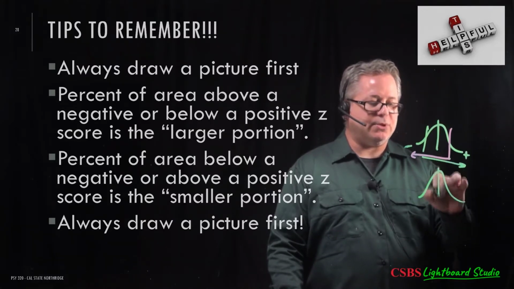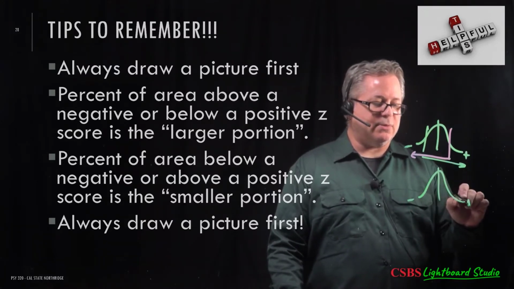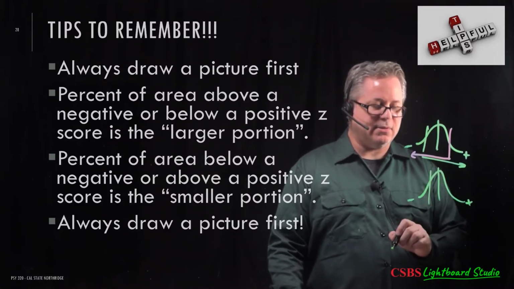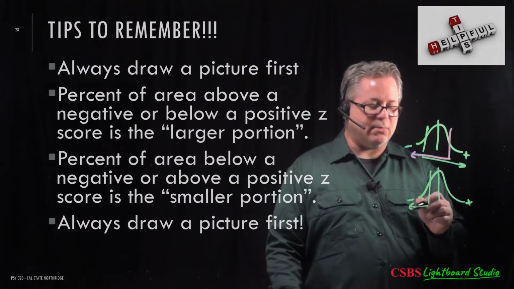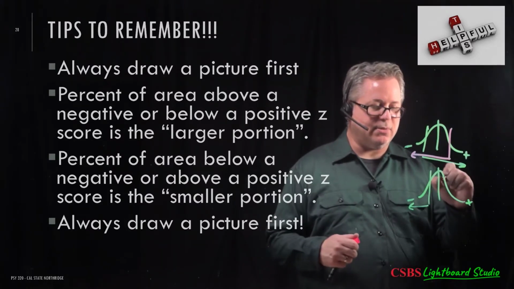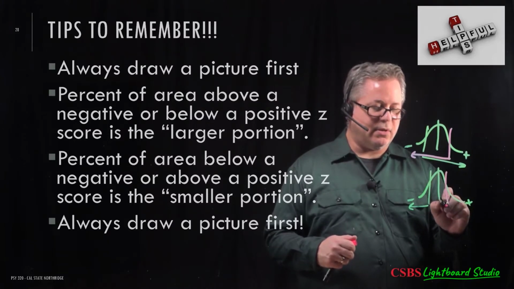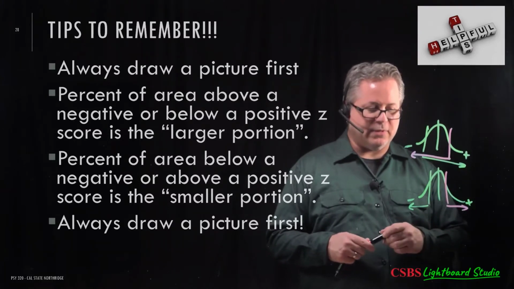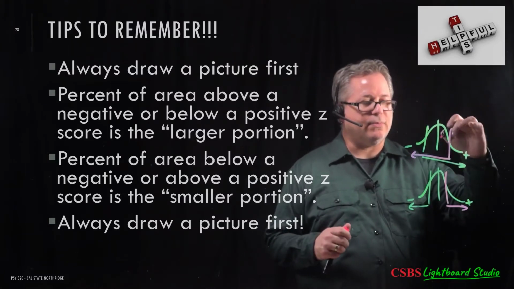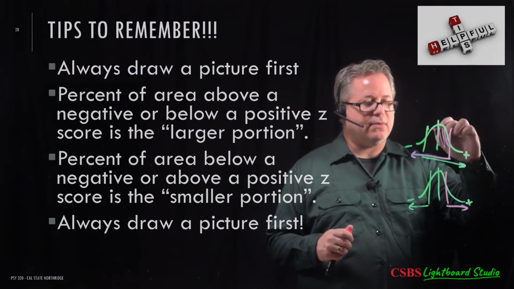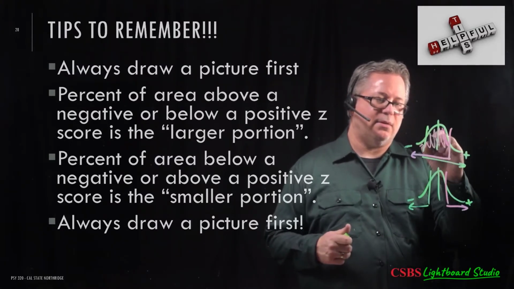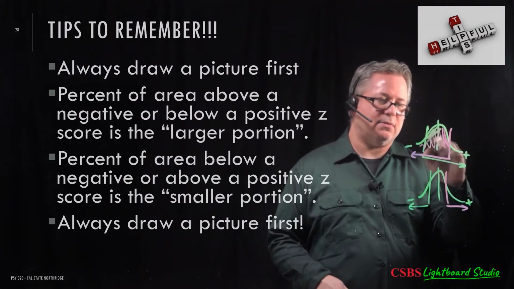So here's my distribution again. Here's my negatives. Here's my positives. If I find any negative number, the area below that number, or any positive number, the area above that number is going to be the smaller portion. Because for the pink, this is all large. For the green, this is all large.